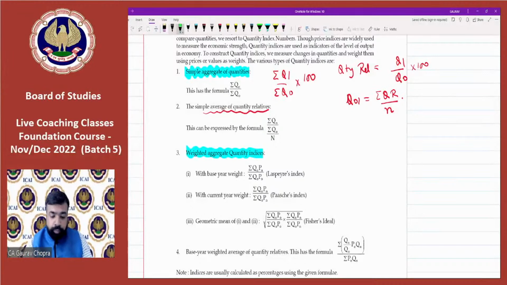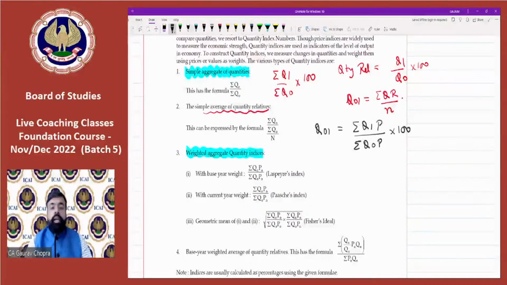So what will be the basic formula? Q01 equals to sigma Q1 into P upon sigma Q0 multiplied by P and then overall multiplied by 100. This is weighted aggregative method of quantity index number.